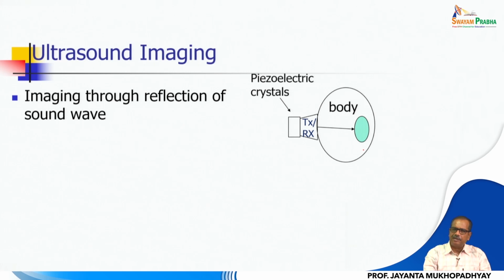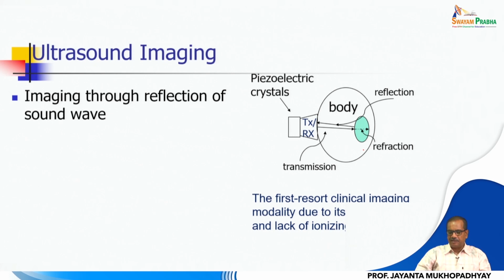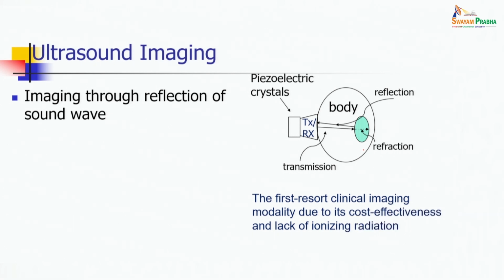Once these acoustic waves are transmitted, they get reflected from the body and are received, and part of it also gets transmitted. From the reflection we can measure the distance of the object, and the amount of reflection can give you the corresponding tissue property.